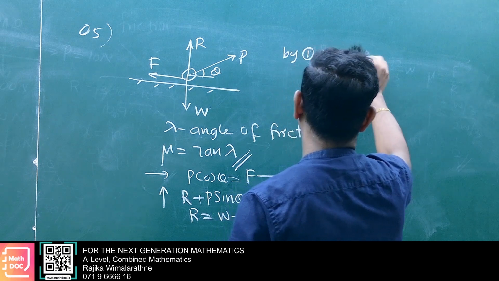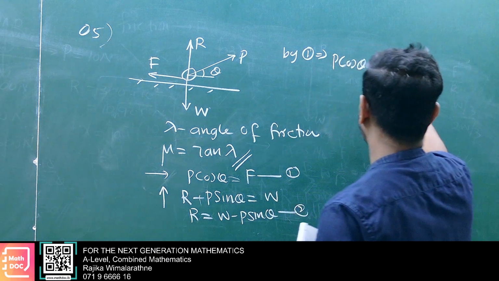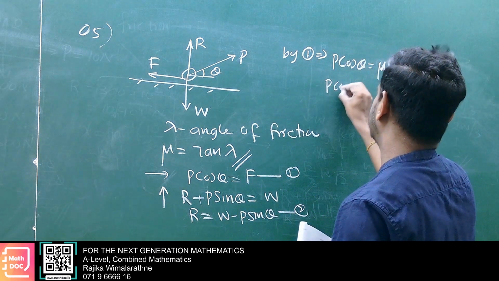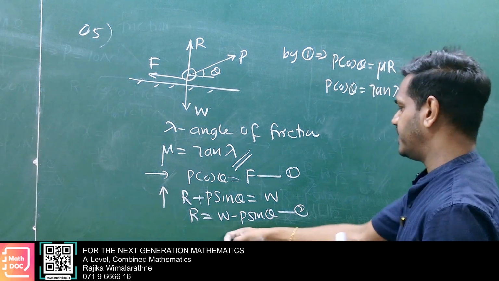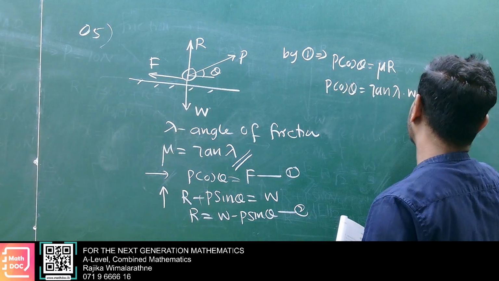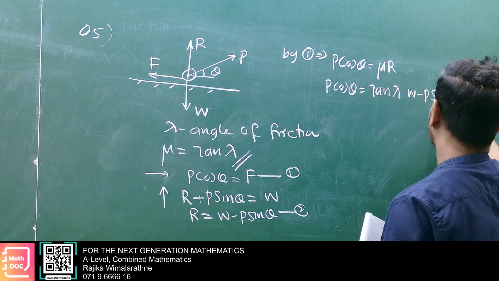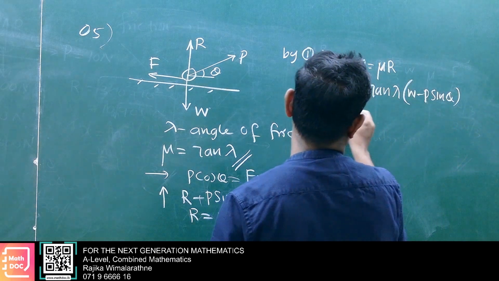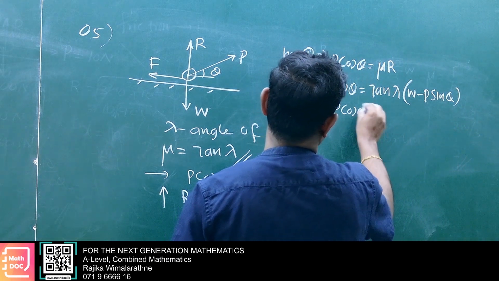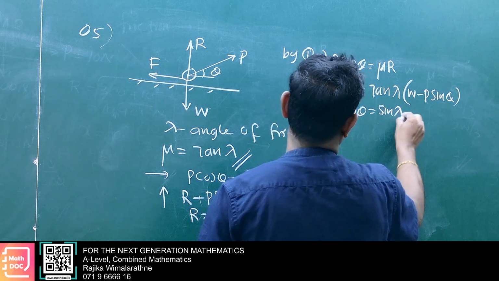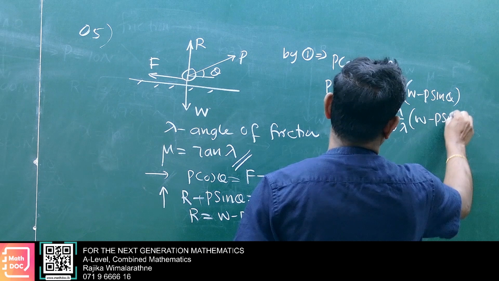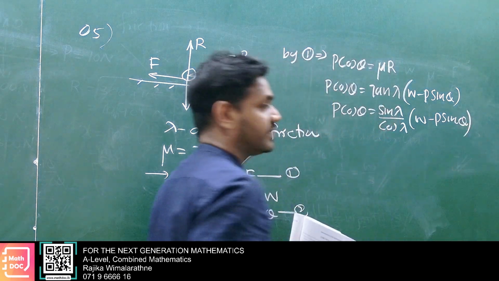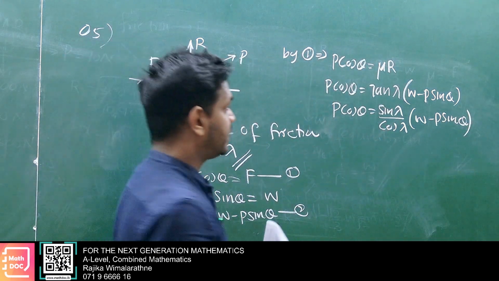Then by equation 1, P cos theta equals mu R. Then P cos theta equals tan lambda times W minus P sin theta, where mu is tan lambda and R is W minus P sin theta. Now solve for P. P cos theta sin lambda over cos lambda equals W minus P sin theta.